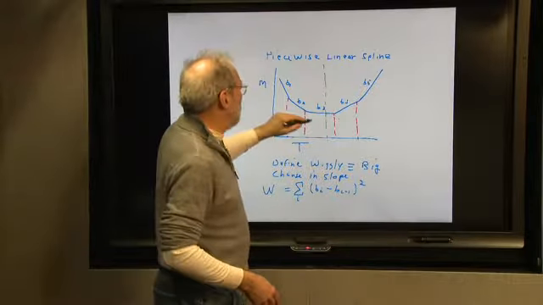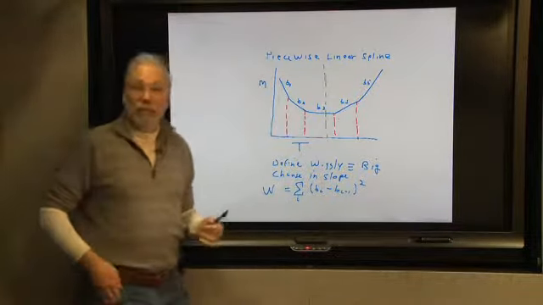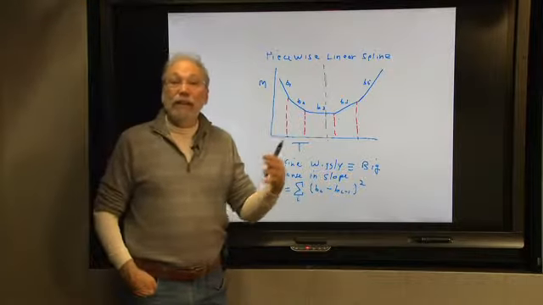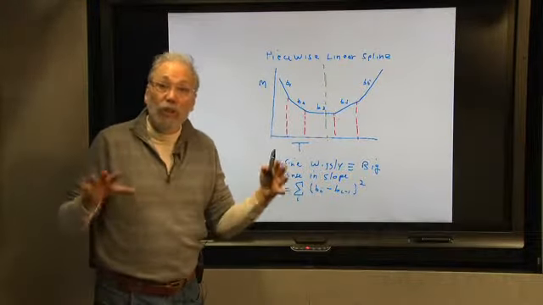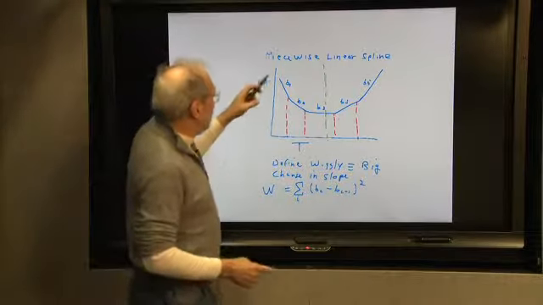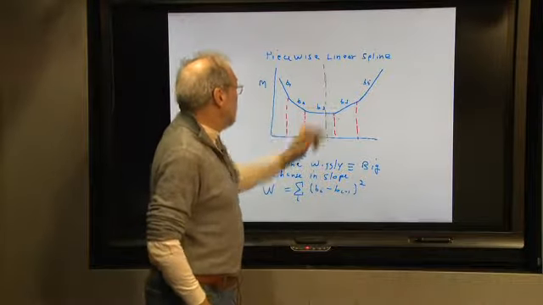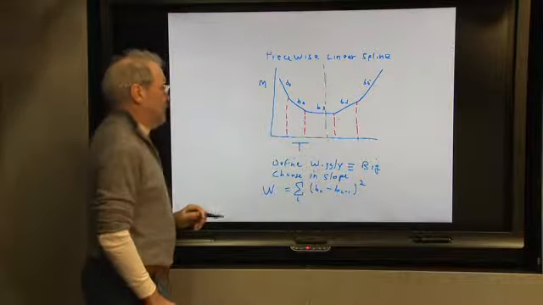So I have 1, 2, 3, 4, 5 pieces now, so that I can use a polynomial of lower degree, a polynomial of degree 1. And so I get 5 coefficients, right? And they're different in these different regions.